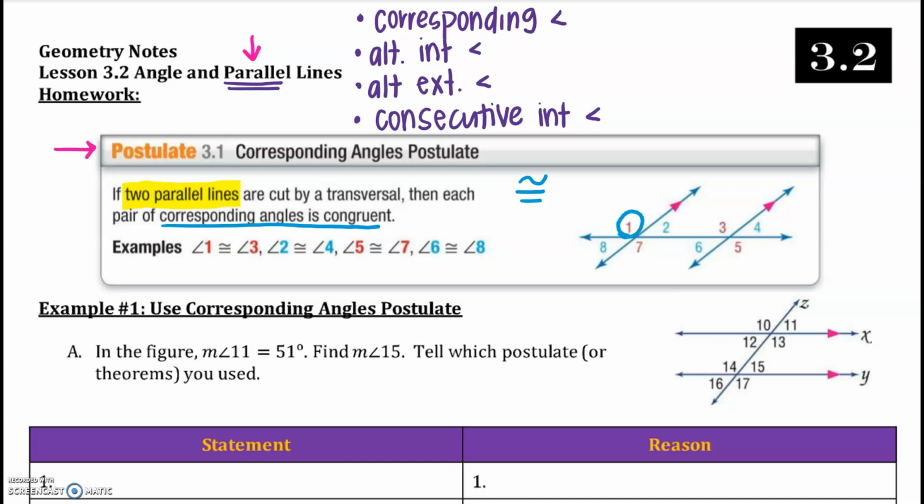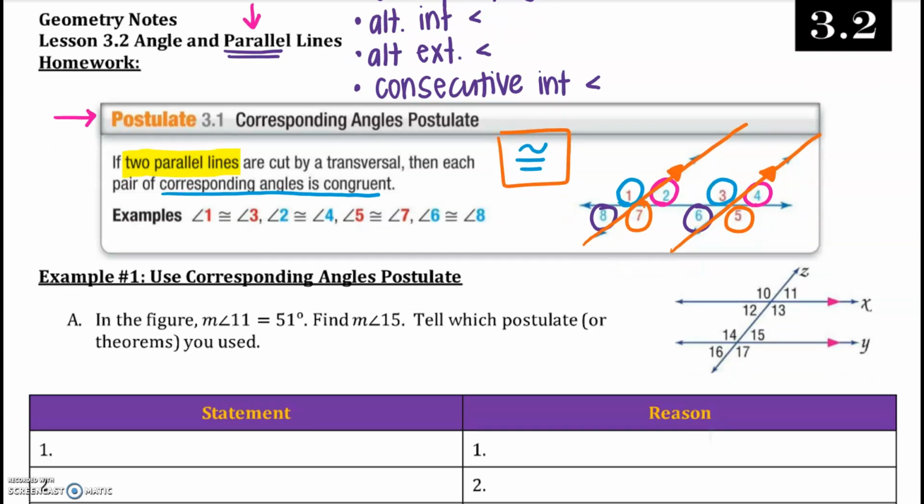So 1 and 3 would be congruent. 2 and 4, because they're corresponding, they would be congruent. 8 and 6. And then our last corresponding angle, 7 and 5. So because of our parallel lines, those little triangles tell me that this line is parallel to this line. Then I know that my corresponding angles are congruent.